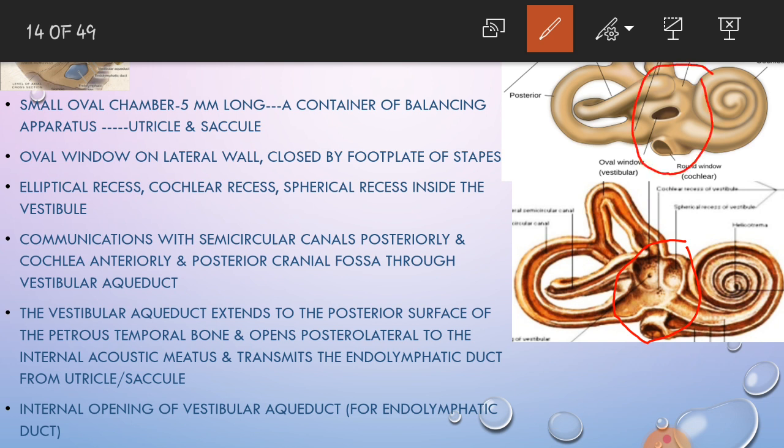In the lower diagram, we've made a section. In the upper diagram, it is complete. Now, in the upper diagram, you can see that the oval window on the lateral wall is closed by the footplate of stapes.